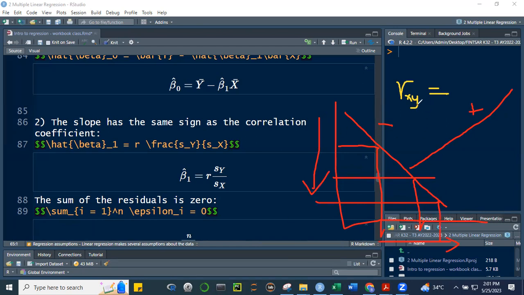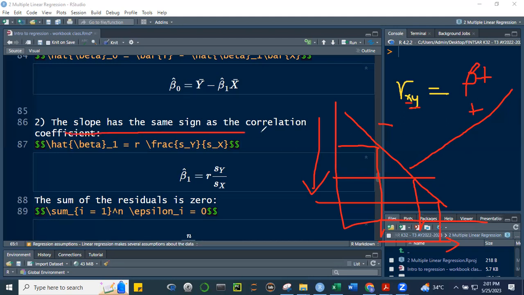So if the correlation between your dependent variable and independent variable is positive, then therefore the beta, the coefficient between the two variables will be the same, positive then. Kung negative yung correlation nila, negative din yung coefficient, yung parameter. Okay, so that's what this means.